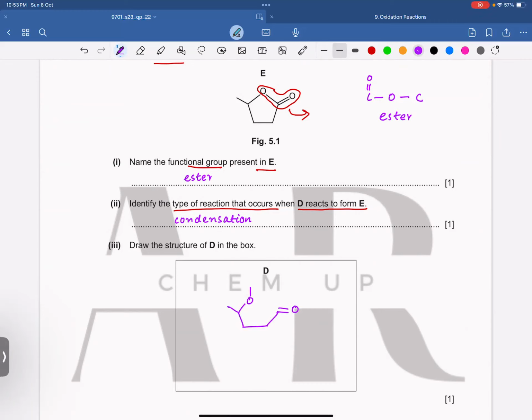Now put an H on this O to make it an alcohol, and put an OH over here to make it a carboxylic acid. So that's how the ester is formed. When this H and OH are removed, this carbon is bonded with this oxygen to make an ester. Is it clear? Yes, Abdullah and Saeed. Yes, sir.